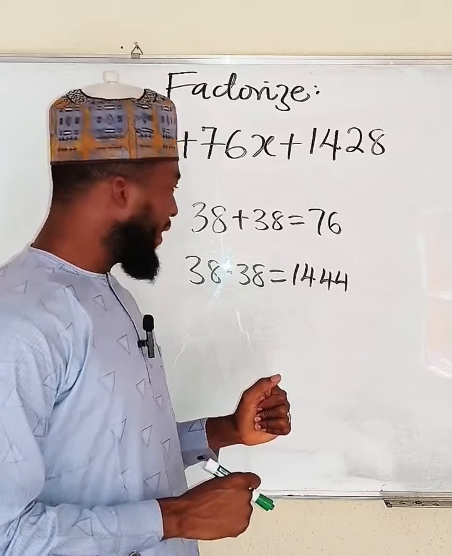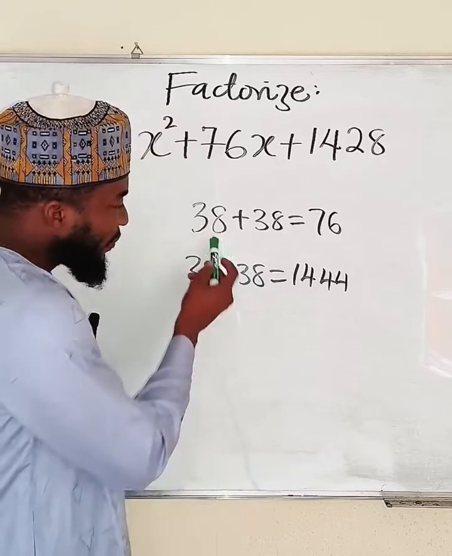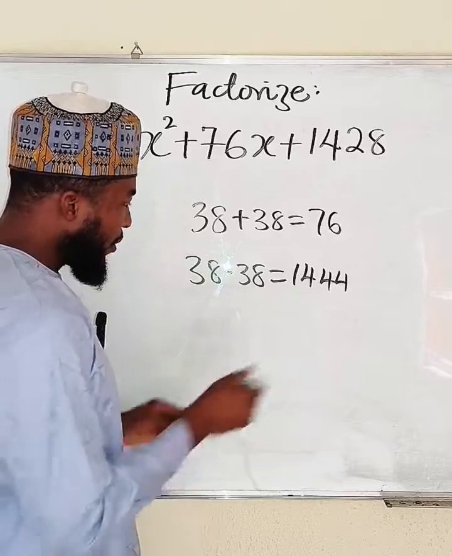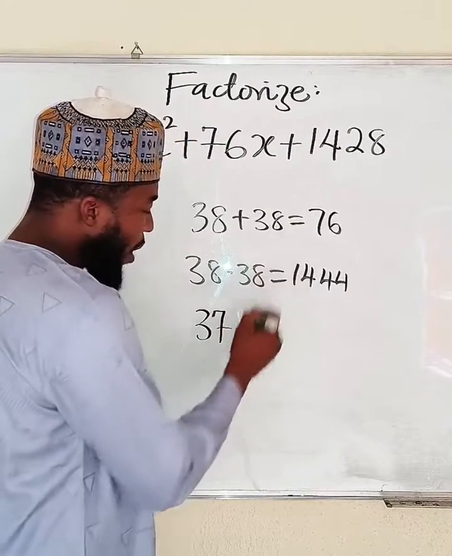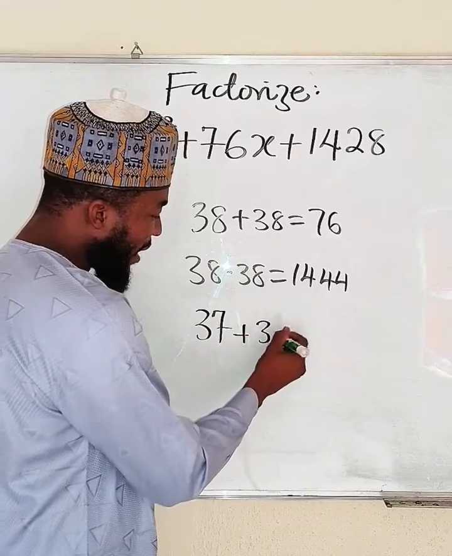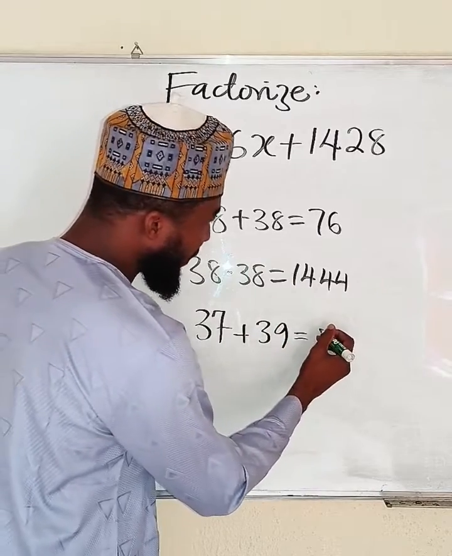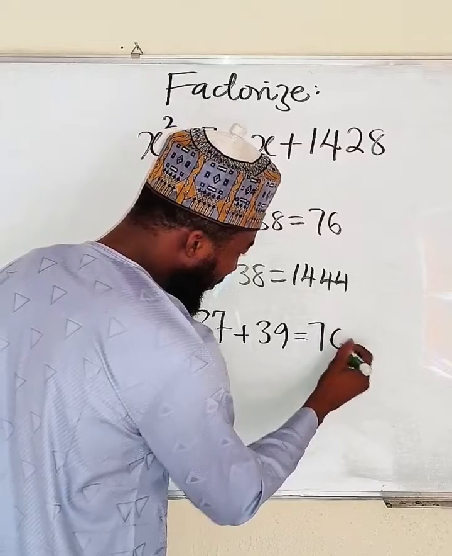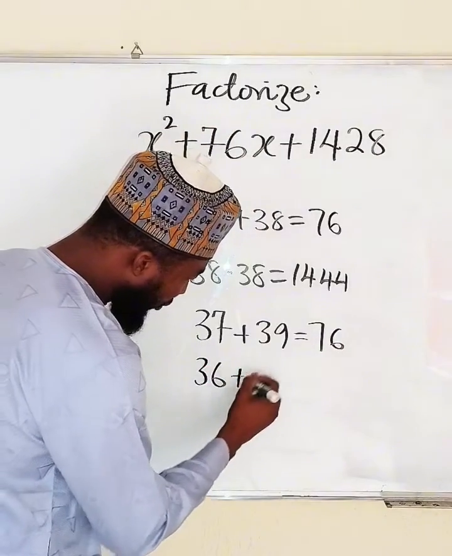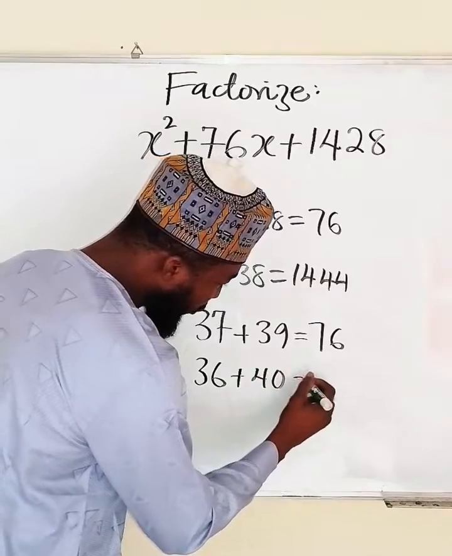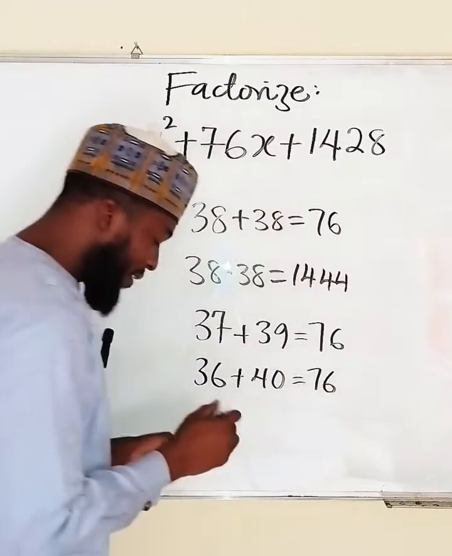You have to think critically, because I know that if you reduce 1 here, it is going to become 37. Then you add 1 to the other side, it becomes 39. The sum will be what? The same, 76. If you reduce 1 here again, 36 plus 40, this will be 76 exactly.